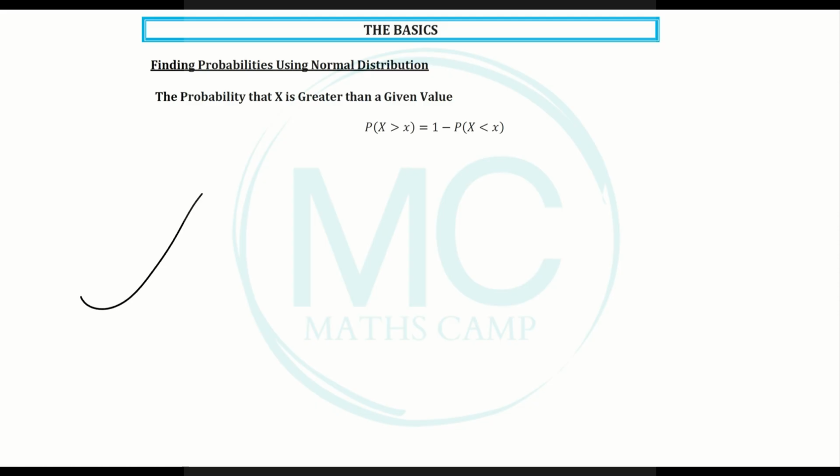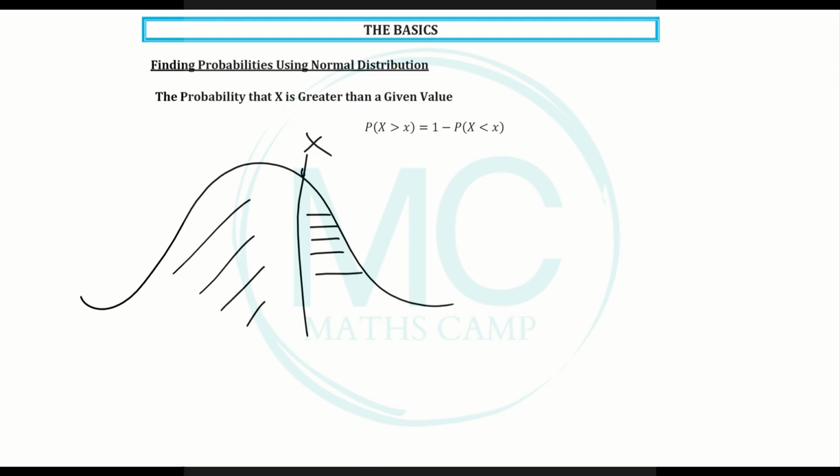So if this is our normal distribution curve, here's x. To find the probability greater than x, we simply say 1 minus the probability that it is smaller than x. Let's look at an example.